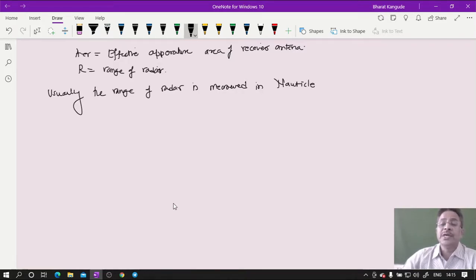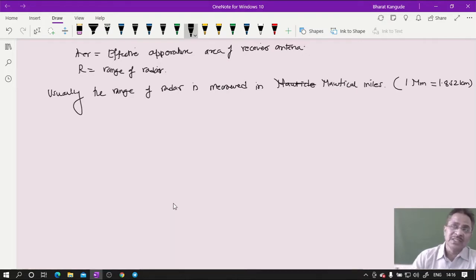Nautical mile, sorry, nautical miles. Okay, and you might be knowing this conversion. 1 nautical mile is equal to 1.852 kilometers. Why is this the unit? This is a unit that is used by the British.